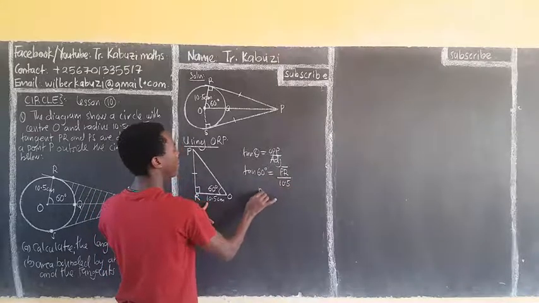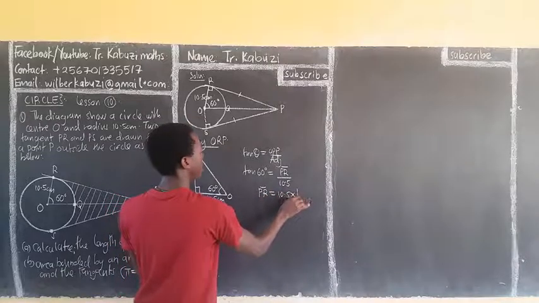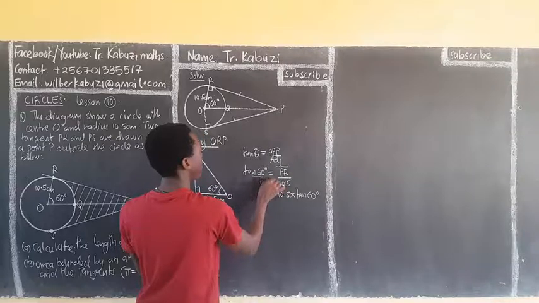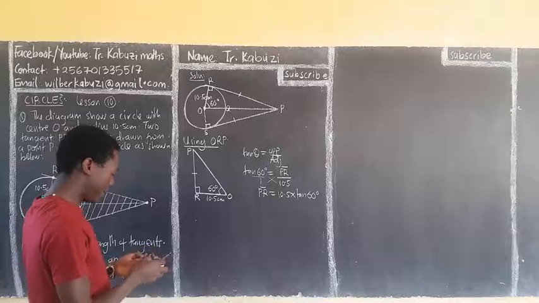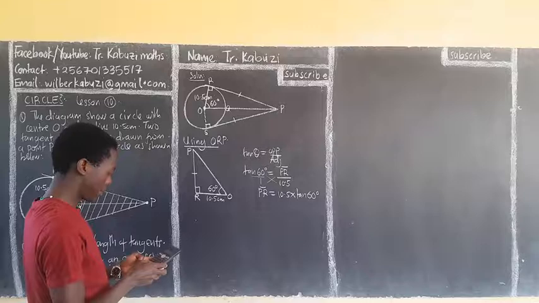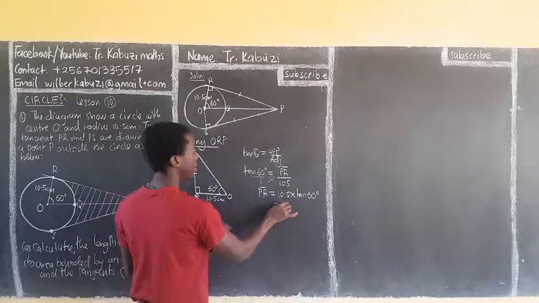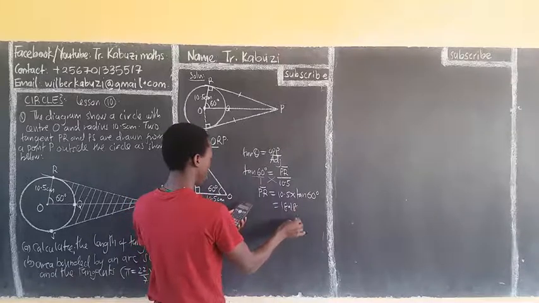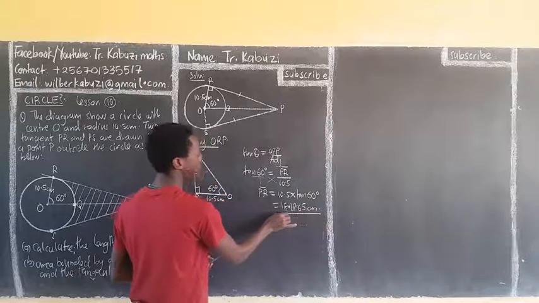If we cross multiply, PR is going to be 10.5 times tan 60 degrees. Then you press it on your calculator. The answer I'm having is 18.1865 centimeters, giving the answer to four decimal places.